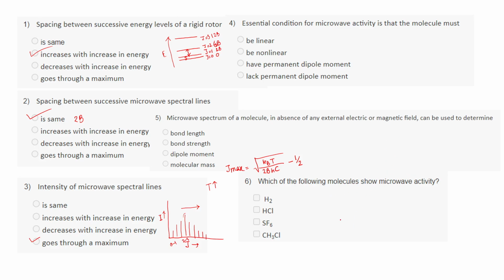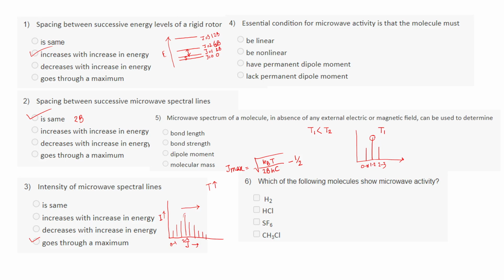Suppose this is T1, and T1 is less than T2. I will draw only 3 lines: this is 0 to 1, this is 1 to 2, this is 2 to 3. Suppose your maximum population was in 1, so your maximum intensity you are getting from 1 to 2.